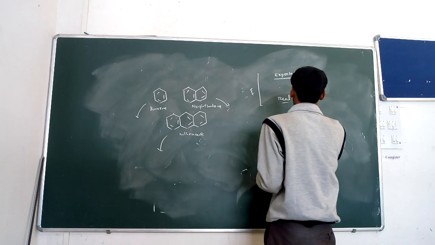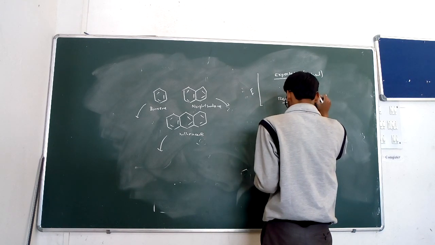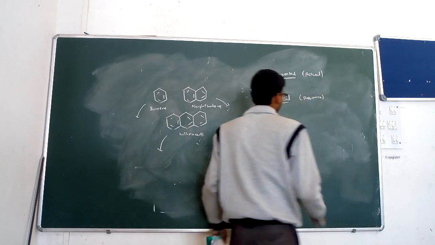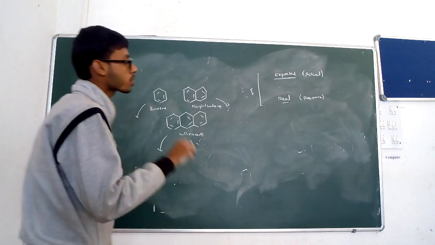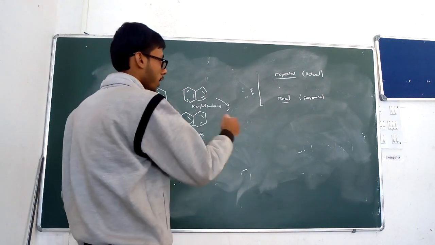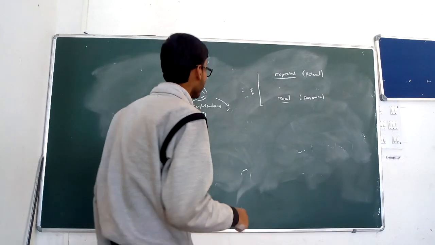that is also known as the resonance energy, and that is the resonance energy, the energy of the more stable resonating structure, that is the real energy. So what is the resonance energy?